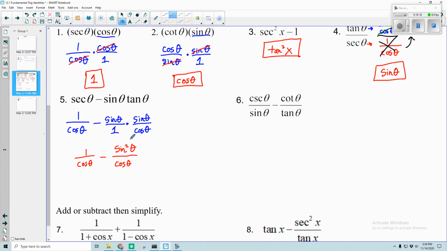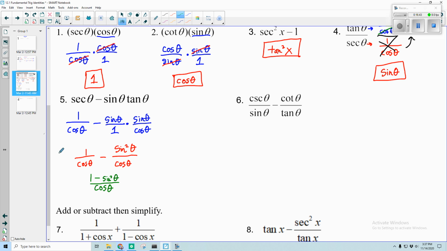And I'll bring down this 1 minus cosine of theta, and the subtraction symbol, I didn't do anything with that. But now that I've done this multiplication over here, I can do the subtraction because now they have the same denominator, and that's what I was looking for in order to do subtraction, okay? So if I do subtraction, I know that the denominator is going to be cosine. What's the numerator going to be? Okay, so the numerator should simplify down to 1 minus sine squared theta, okay?